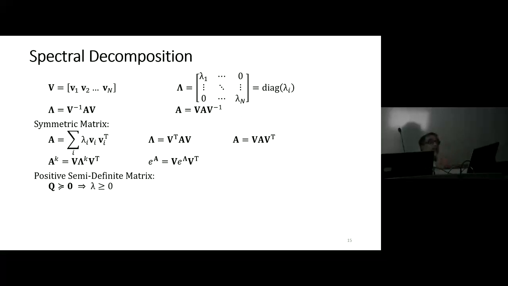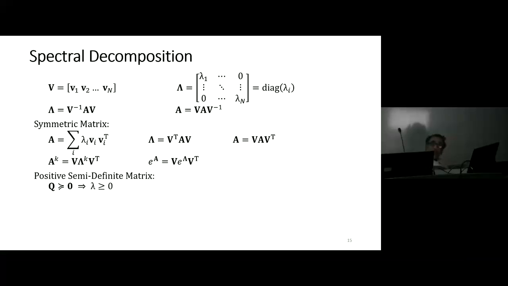If the matrix A is a symmetric matrix, then would you say that the spectral decomposition and the singular value decomposition are the same? No, again no, because if it's a symmetric matrix, we know it has real eigenvalues, but nonetheless, the eigenvalues could be negative.